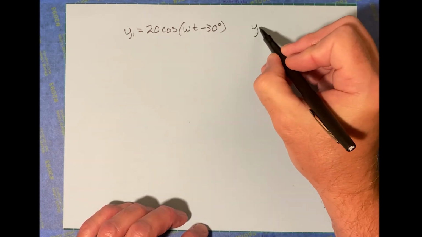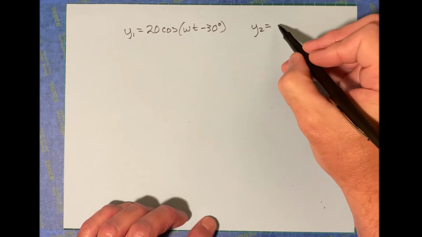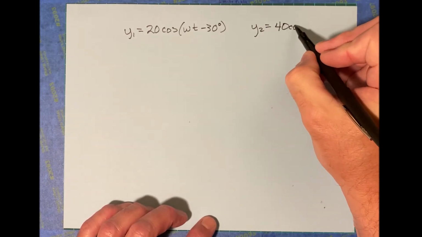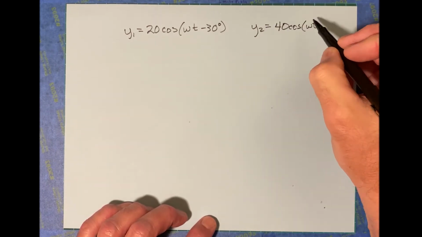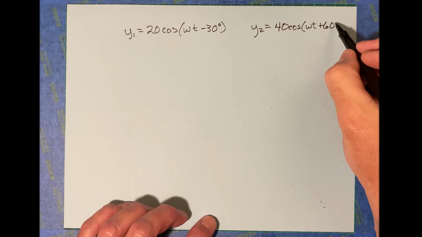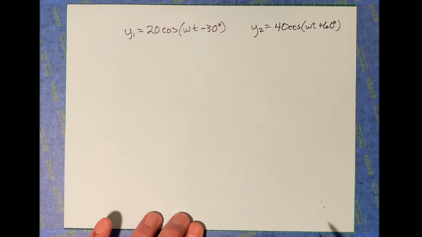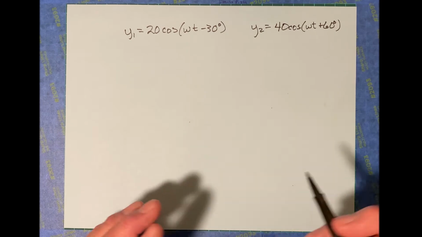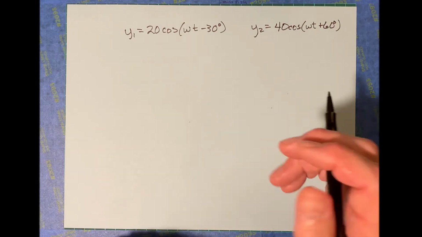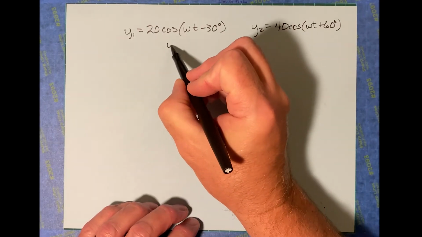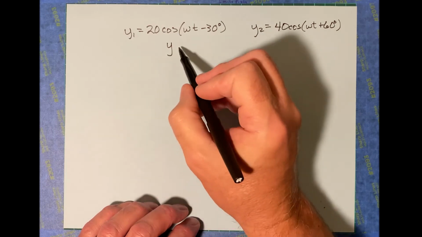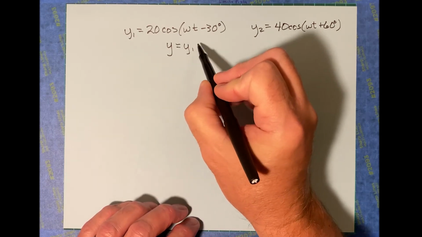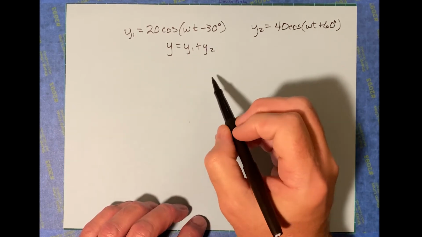And I've got another function, y2, that is 40 cosine omega t plus 60 degrees. So I've got these two separate functions here. And here's what I want to do. I want to write some y function that is just y1 plus y2.